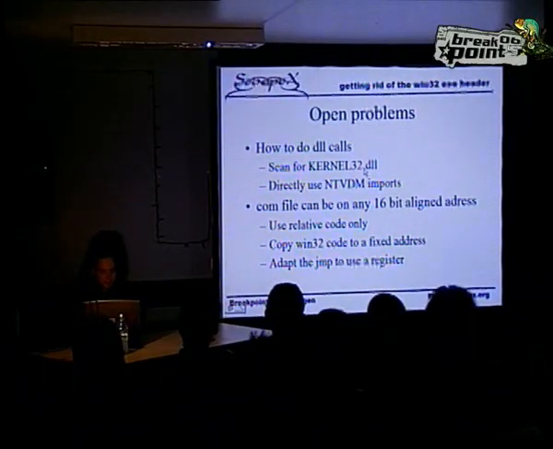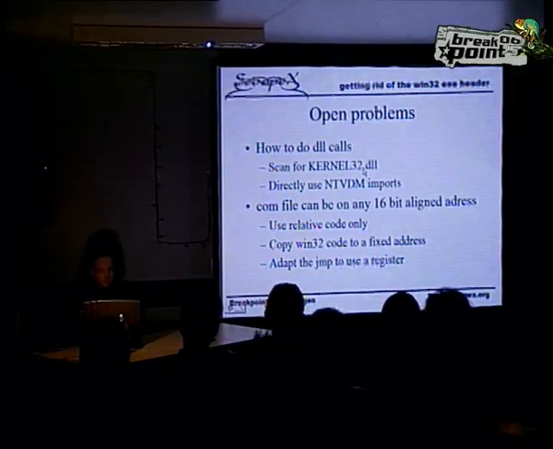one thing you could do, like what people do in virus coding, is scan the memory to find the kernel32 DLL, which provides then the necessary functions like LoadLibrary and GetProcAddress to load up other DLLs.